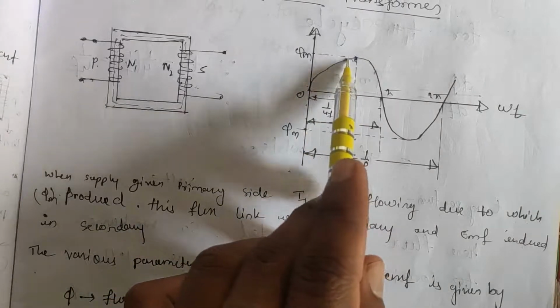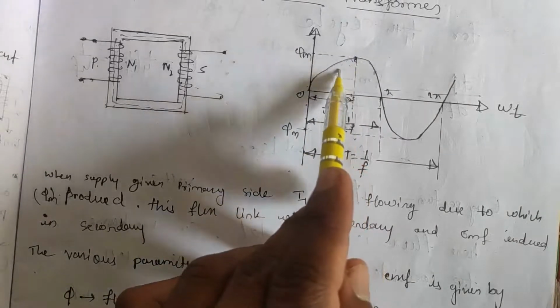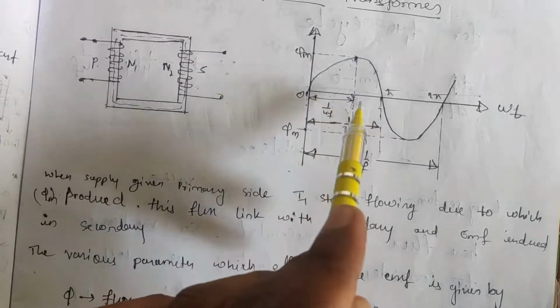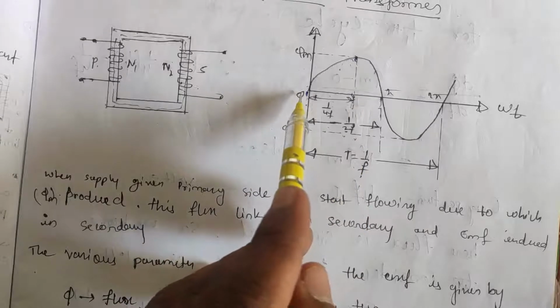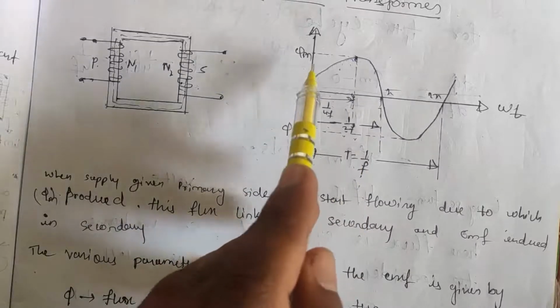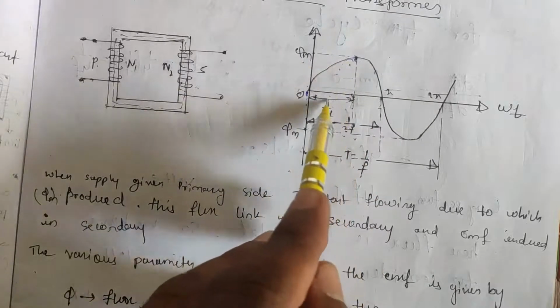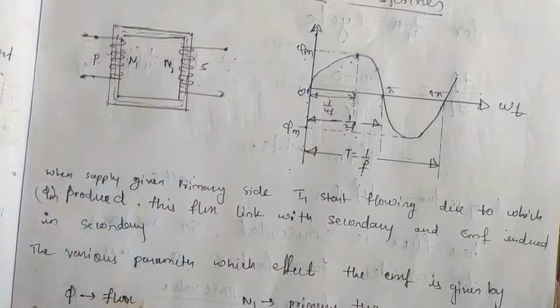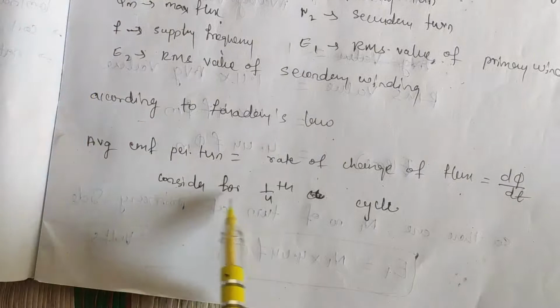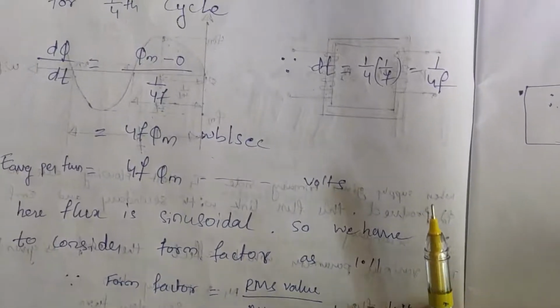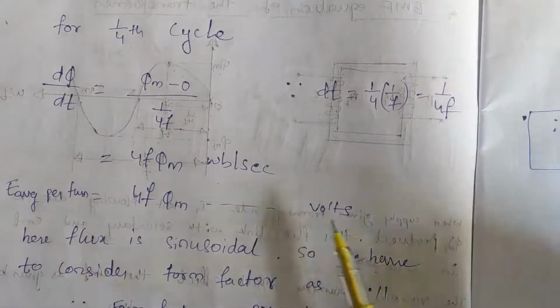According to Faraday's law, the average EMF per turn is equal to the rate of change of flux. With time, our flux will go on changing, as seen in the waveform. When time increases, the flux is also increasing.